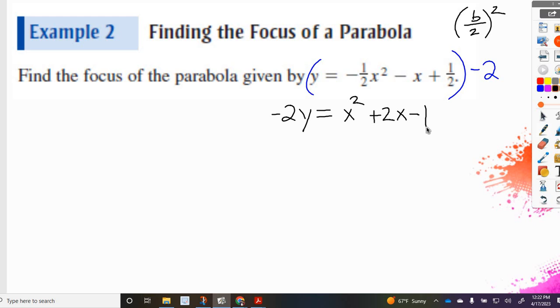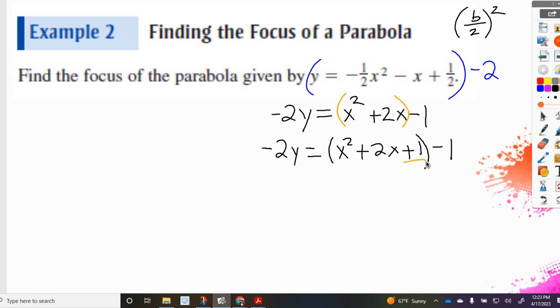And when we're completing the square, we only care about the portion that has the x's. So that's the part that we're going to add the b divided by 2 squared into. So what is my b value? 2. So 2 divided by 2 is 1. 1 squared is also 1. Okay? So that's what we're going to add to the inside.